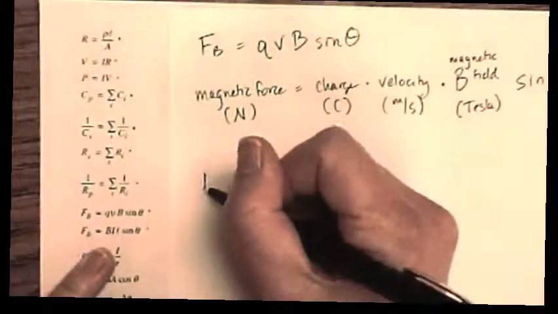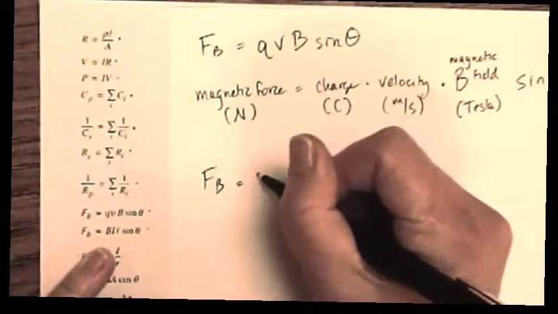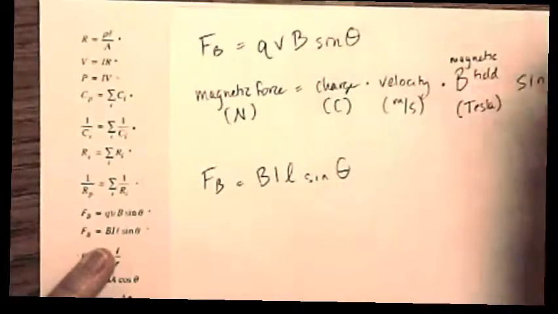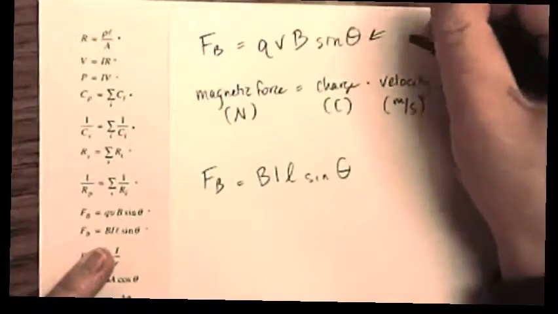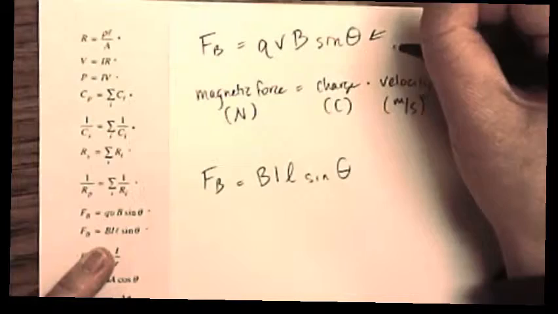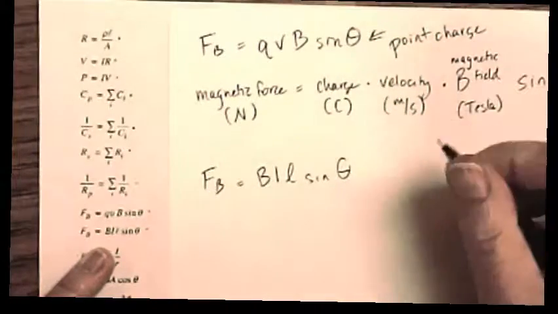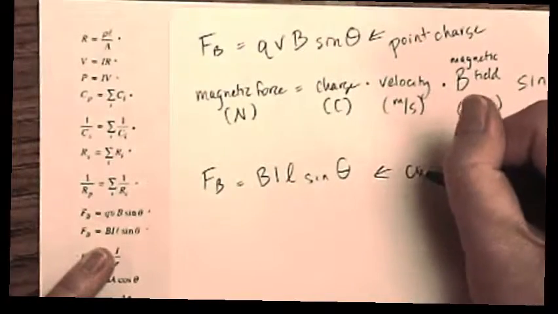Let's next take a look at this formula. FB equals BIL sine theta. So our first formula was for an individual point charge. The second formula is for a current carrying wire.